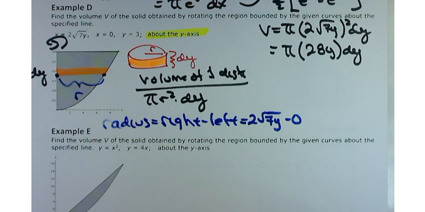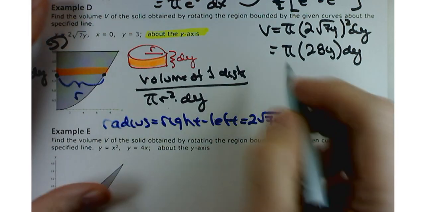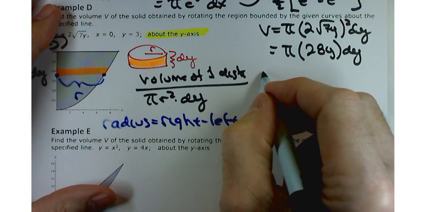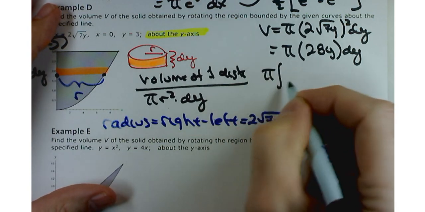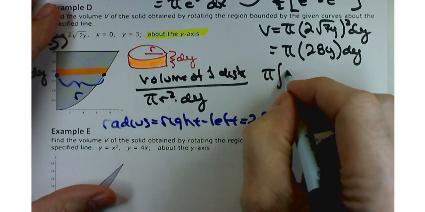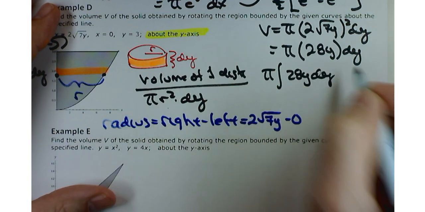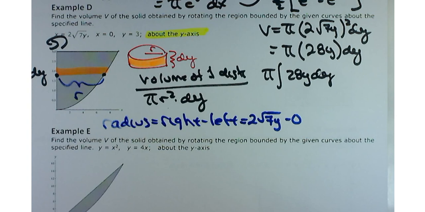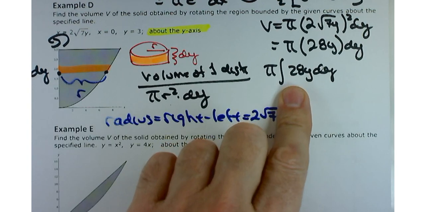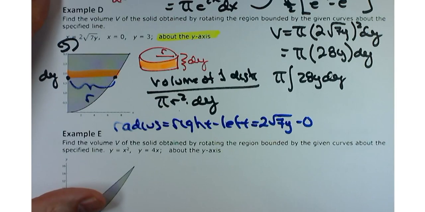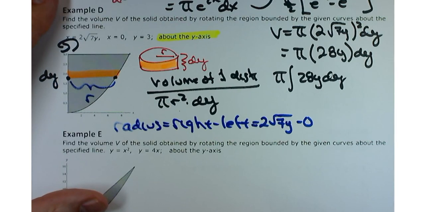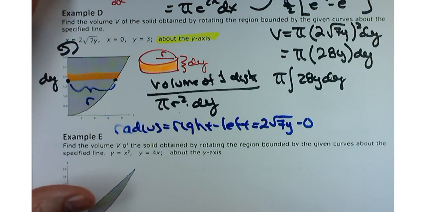Great. Now it's just a matter of integration. I'll take the pi out in front. Pi times the integral of 28y. Actually, I probably should have taken out the 28 as well. What should I use for my limits of integration though? 0 to 3. 0 to 3, good.